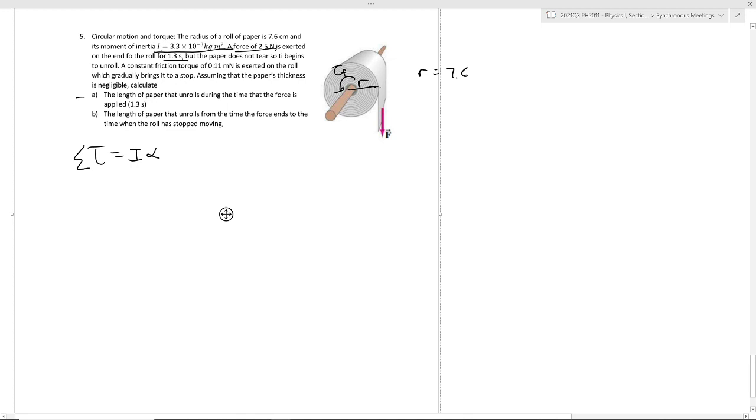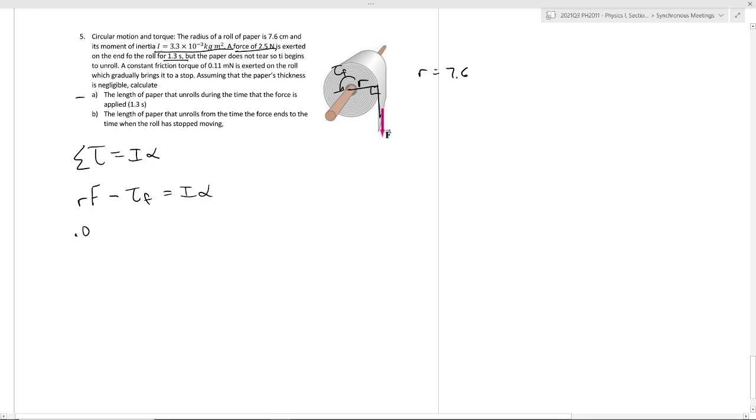The applied piece is easy because it's perpendicular on a roll like that. So this would be the force applied times R. The frictional torque is going to be negative because it's going to oppose that. And that is going to equal I alpha, and we're given what I is.